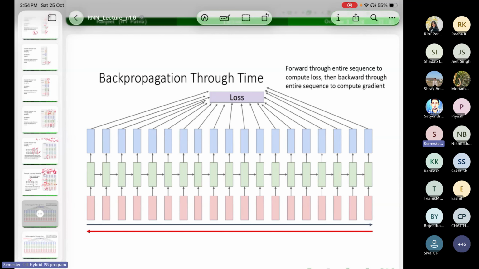Now back propagation is slightly tricky in this part.